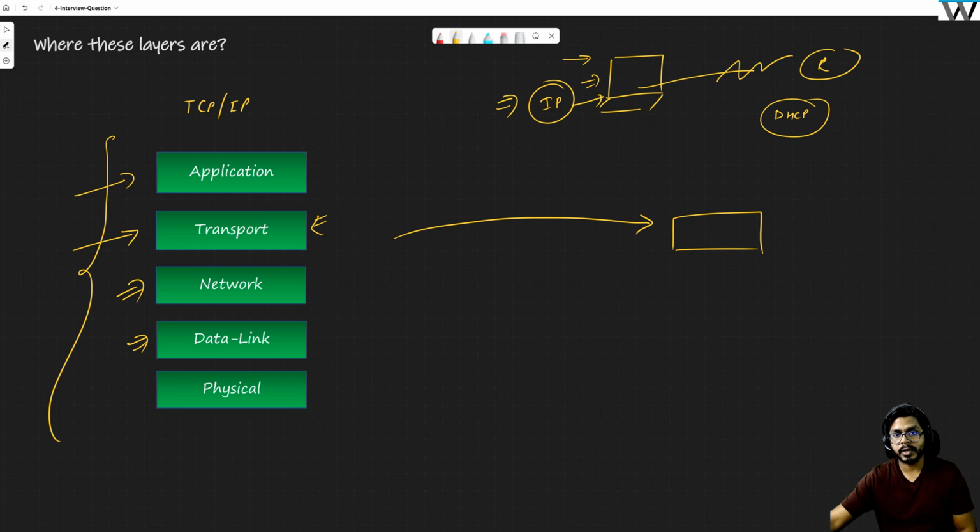If you are using a Windows system, you just need to go into the Ethernet settings or the connection settings, and you can see the TCP/IP portion there, where you can configure the IP address, subnet mask, default gateway and so on. So this laptop contains the complete TCP/IP model.